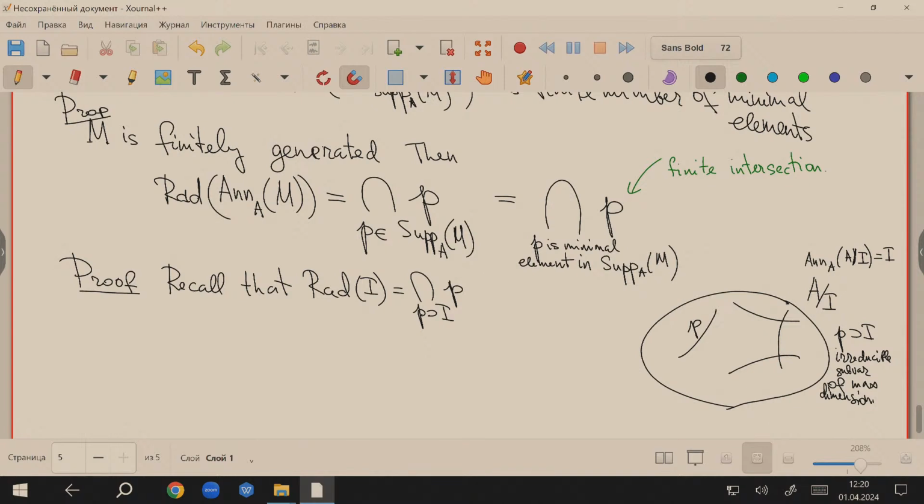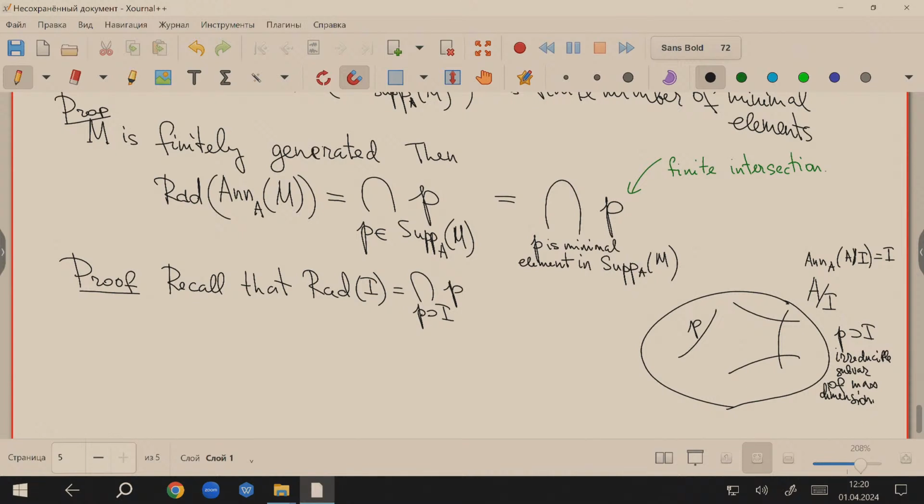Yeah, and what this theorem really states is that the number of components is finite. So the number of irreducible components is finite.